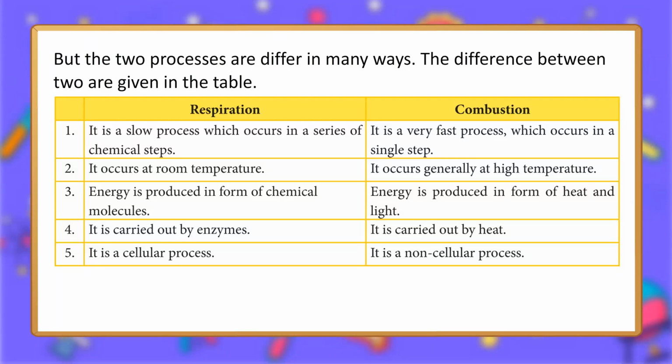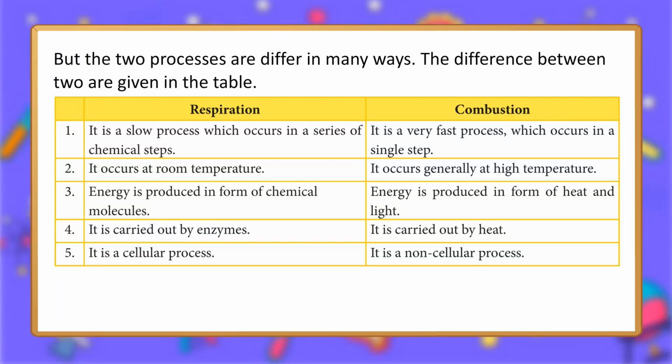Respiration versus combustion. 1. Respiration is a slow process which occurs in a series of chemical steps. Combustion is a very fast process, which occurs in a single step. 2. Respiration occurs at room temperature. Combustion occurs generally at high temperature. 3.